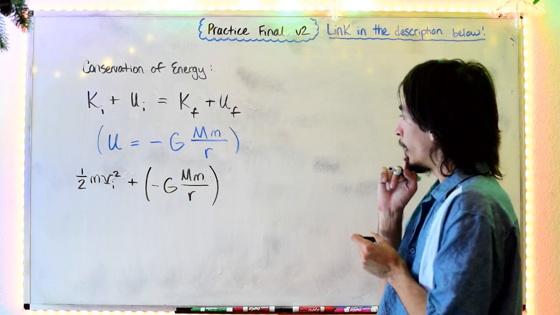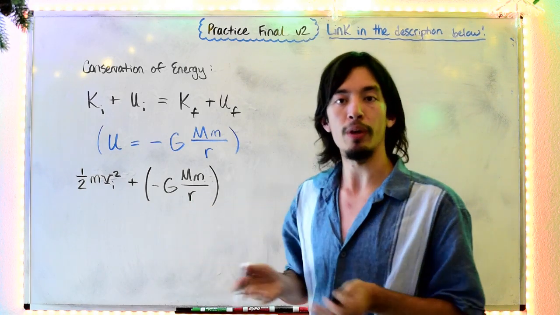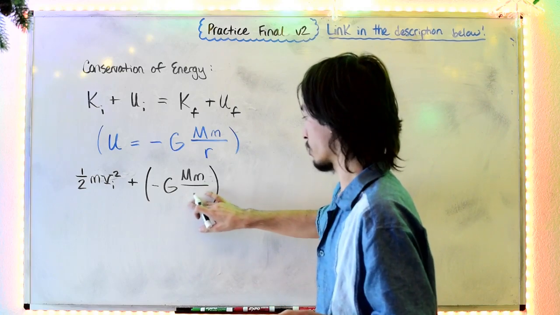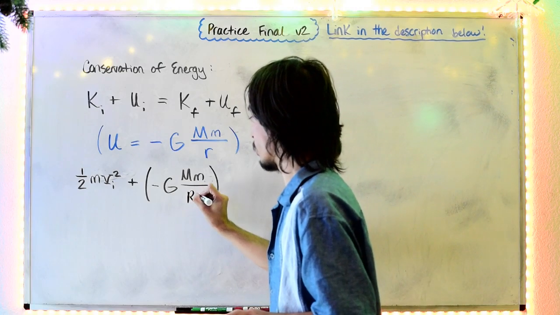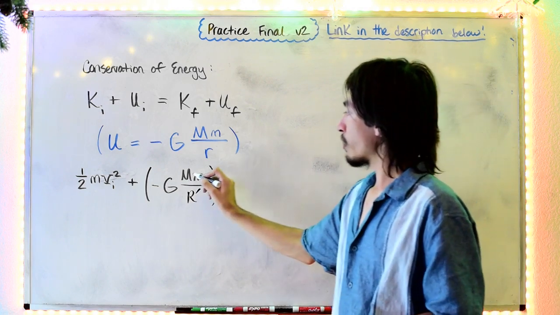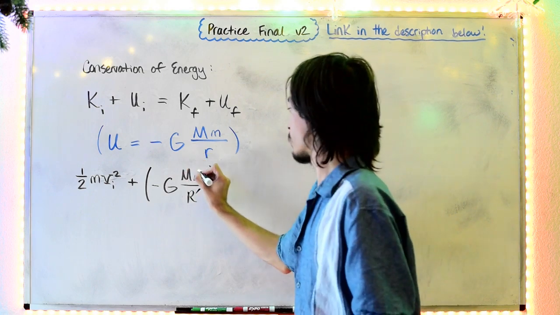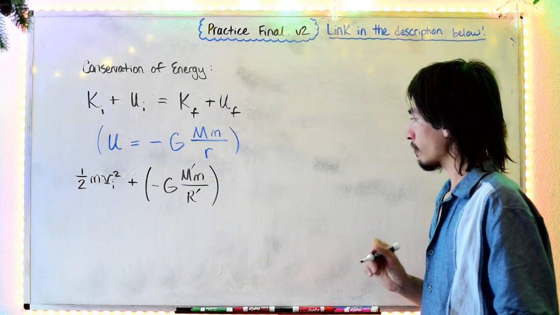I'm going to argue that this radius is just the radius of the planet or the star in this case, so I'm going to write capital R, or r prime in our case. The mass of the star or the planet, big M, is M prime in our case, because it's the neutron star.